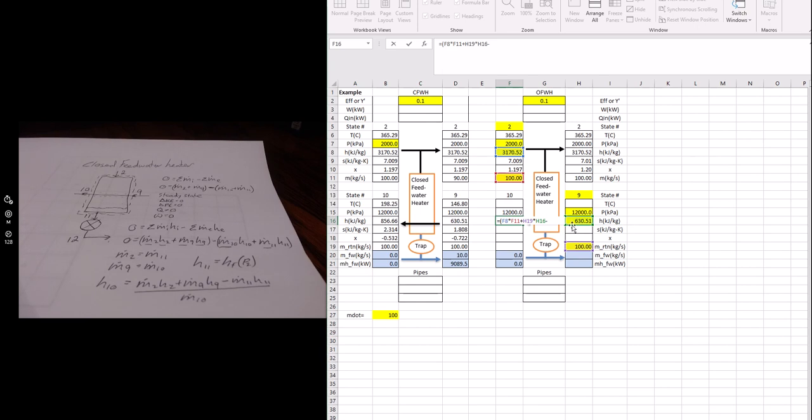Now M11 is what's coming out, which is equal to what's coming in here. And actually I said M2 is what's coming in, but that's not quite right. So M2, this is what's coming through this pipe. I need to know the fraction here.